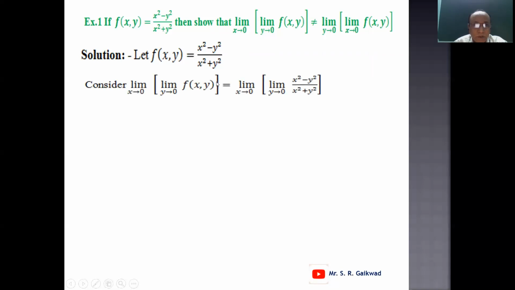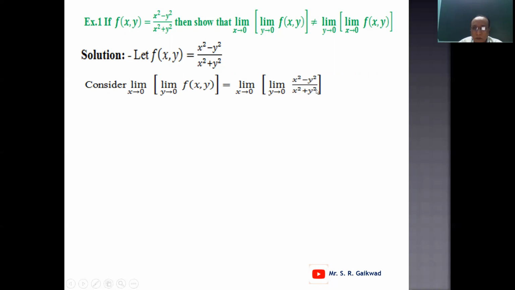First we find the limit of the left hand side. For this, consider the limit as x tends to 0 of the limit as y tends to 0 of f(x, y), which is the limit as x tends to 0 of the limit as y tends to 0 of (x square minus y square) upon (x square plus y square). First we find the limit of this function as y tends to 0.